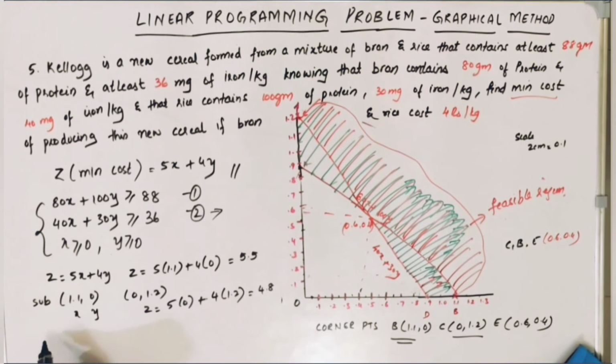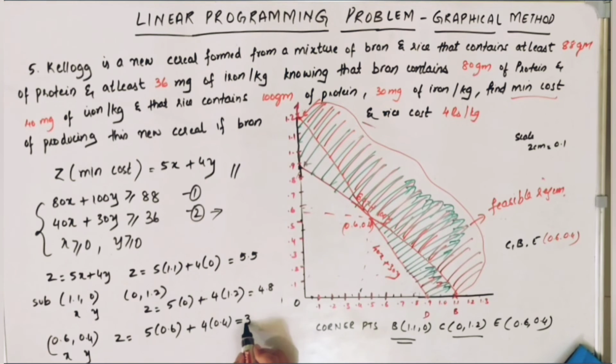Now let's take the third corner point, which is 0.6 and 0.4. Substituting this in the objective function, we get Z is equal to 5x, x is 0.6, plus 4 into y, which is 0.4. We'll get 3 plus 1.6, which is 4.6. Now we have three values here: 5.5, 4.8 and 4.6.